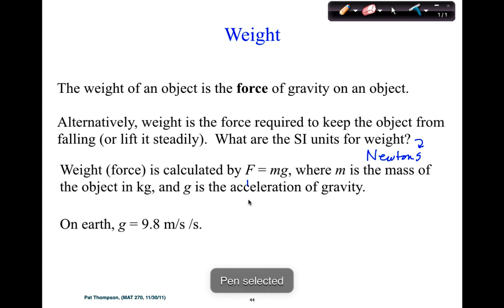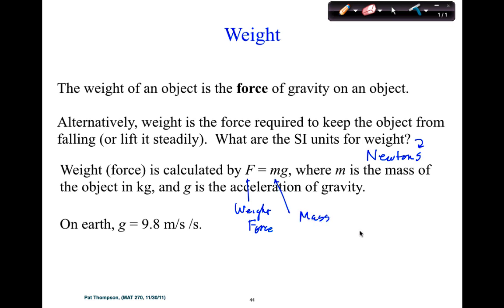So this is weight force, and this is mass. So this F equals mg allows you to find something's weight on Earth, which is where we live, and so this is most things that we consider. If you have the mass, then you multiply it by g to get the weight, or the force of gravity on it.